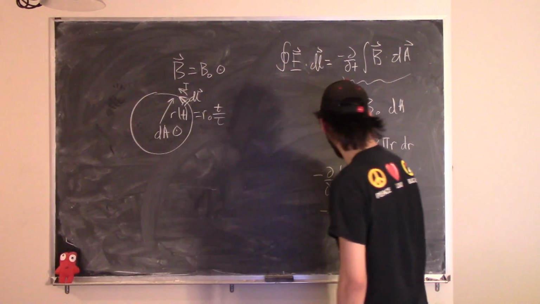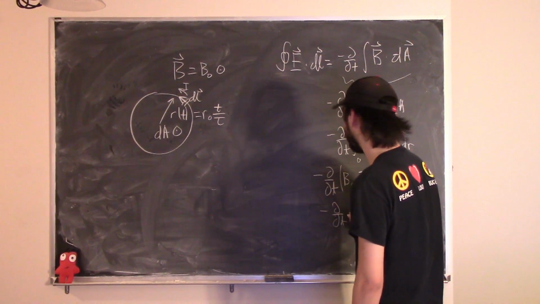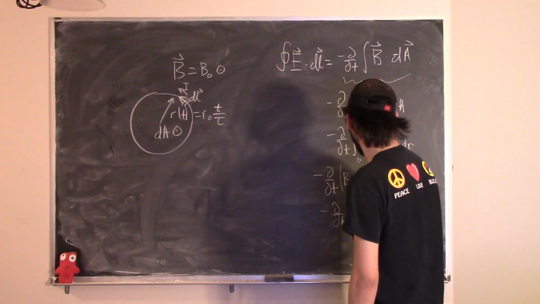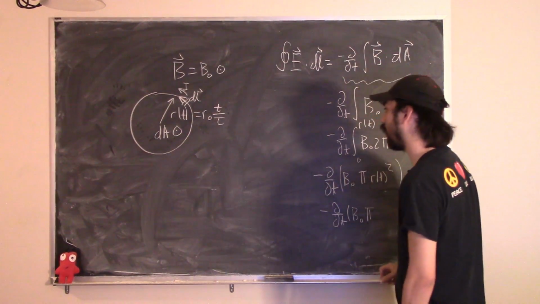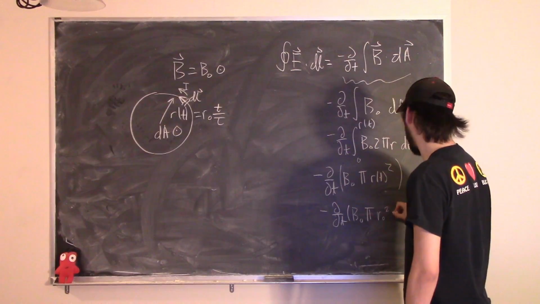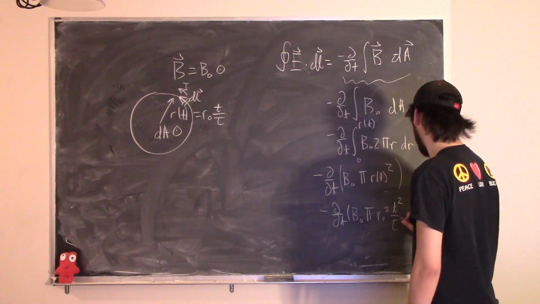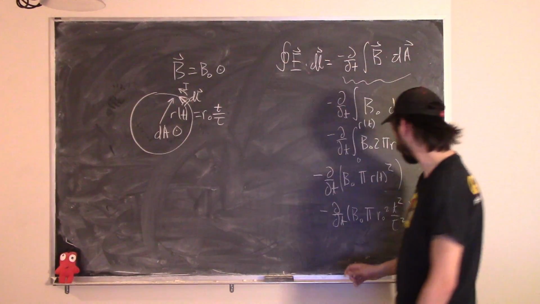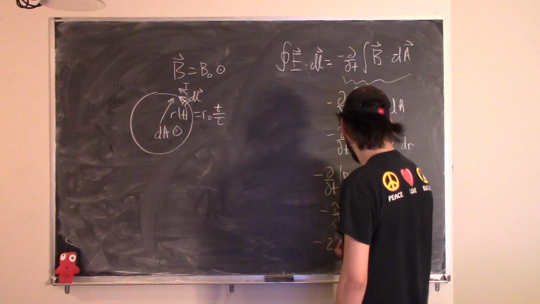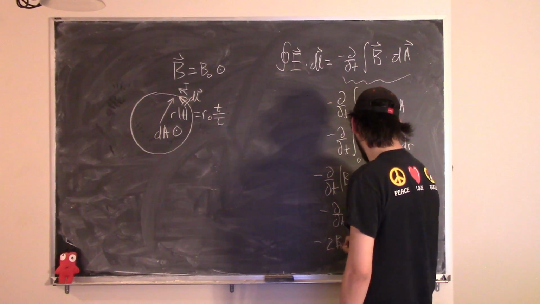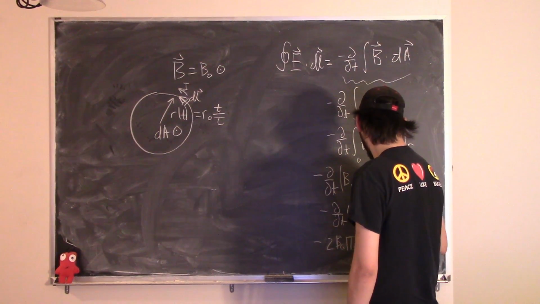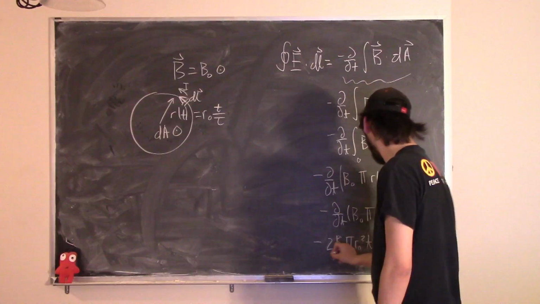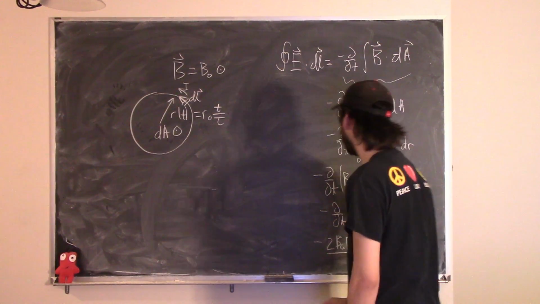So this is minus the partial derivative with respect to time of B0 pi times R0 squared t squared divided by tau squared. Let's go ahead and take our derivative here, and this gives me minus 2 B0 pi R0 squared t divided by tau squared.